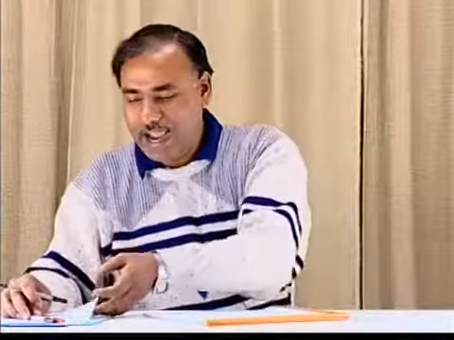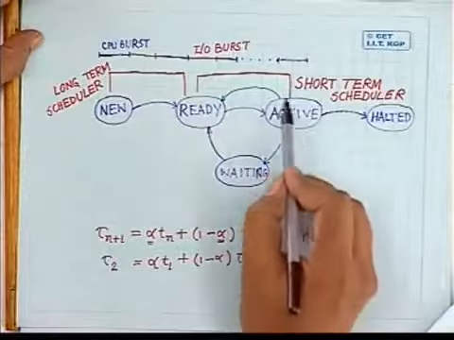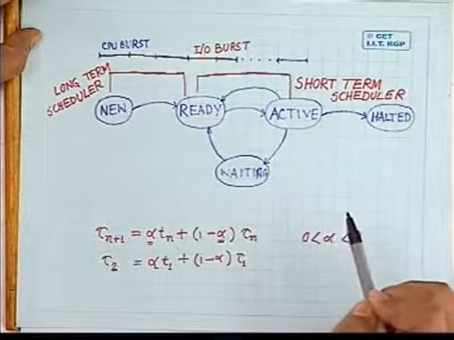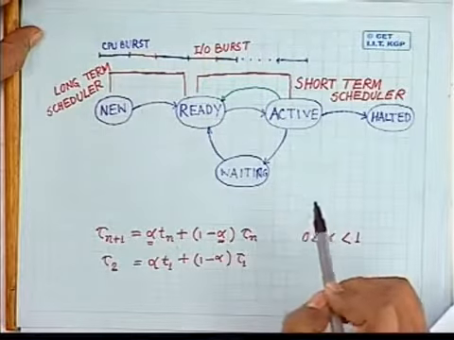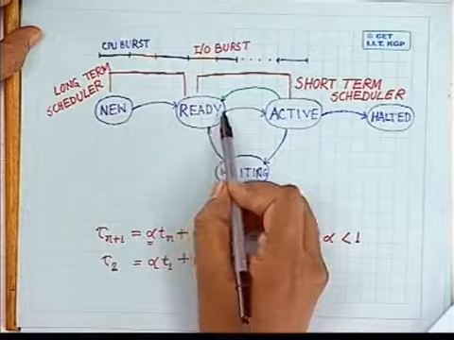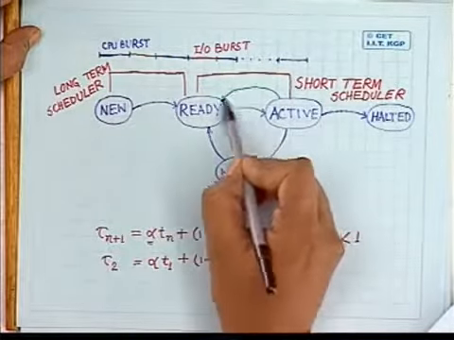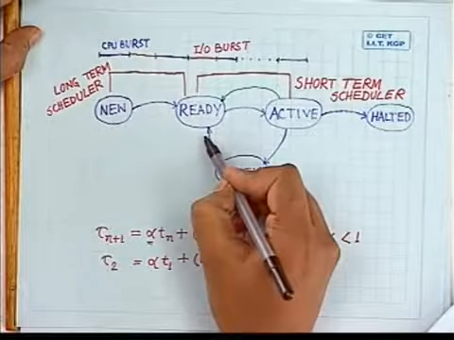And the jobs are pushed into the ready queue depending upon their time of arrival. This arrival may be from the new state, maybe from the IO waiting state, or may also be from the active state in case of forcible termination. So with the help of the process state diagram that we discussed in the last class, there are 3 incoming paths to ready state: one from the new state, one from the active state, one from the waiting state.